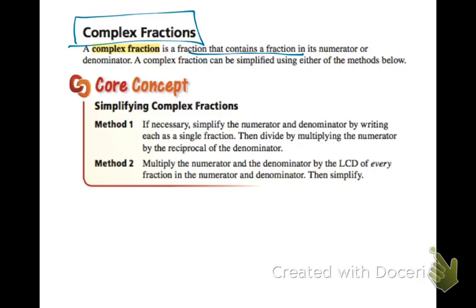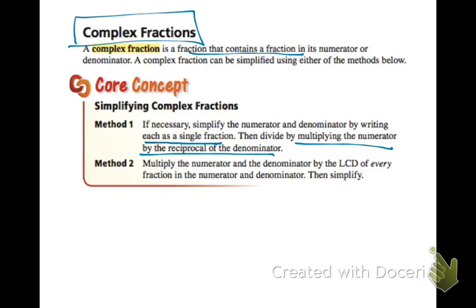There's two methods to simplify these. The first method is you simplify the numerator and the denominator by writing each as a single fraction. Then, since it becomes one fraction divided by another, you do the keep, change, flip method. So you multiply the numerator by the reciprocal of the denominator.